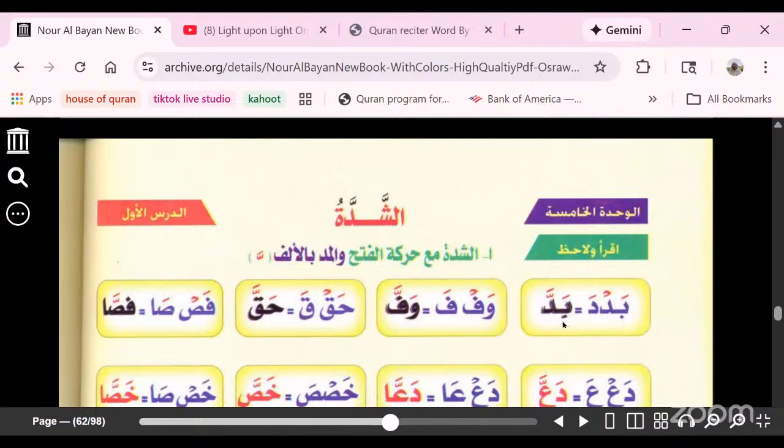You see, badda is spelled out as ba fatha ba, dal sukun bad, then dal fatha da, badda. And it is the same thing as this one. Okay, Hajia, can you help us read this one? Spell it out and then you pronounce the word.